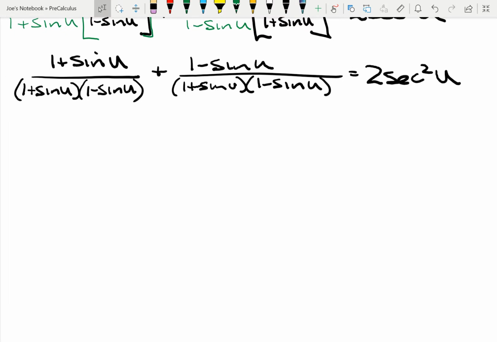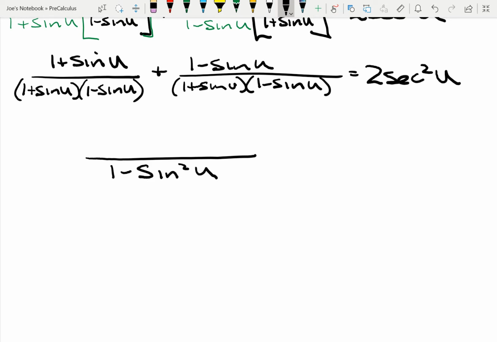So, I mean, I could do it again, but hopefully you're with me. That the denominator is 1 minus sine squared, right? When I multiply that out, that's an a plus b and a minus b. That's a conjugate pair being multiplied. Those are factors of a conjugate pair. So that becomes 1 minus sine squared of u.